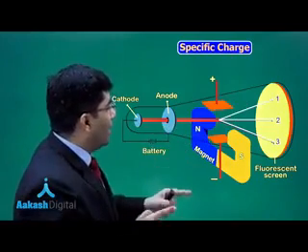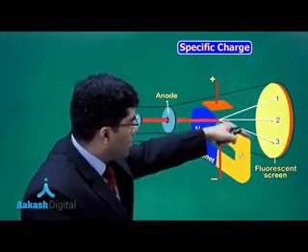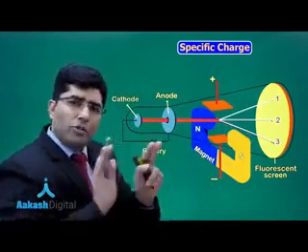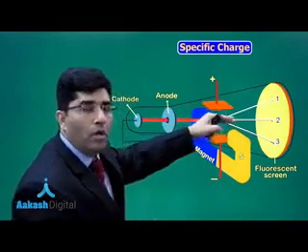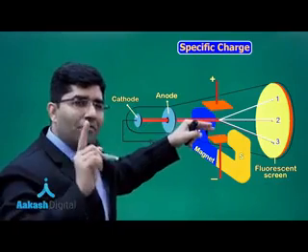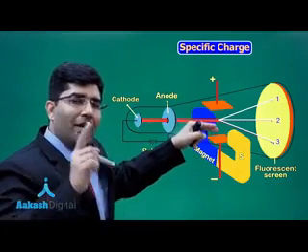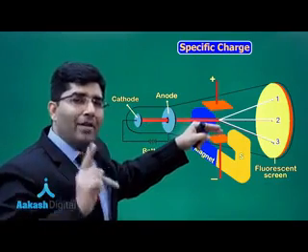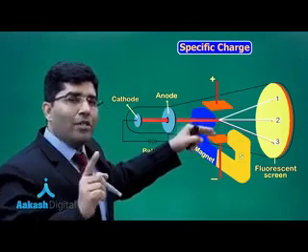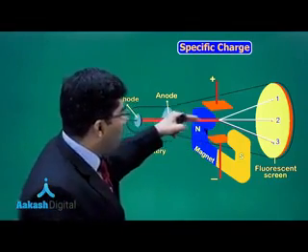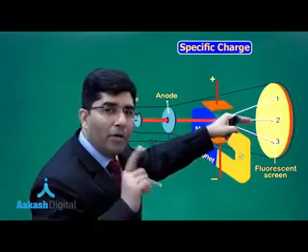If there is a magnetic field, it will move towards point number 3. And if there is no field, it will move towards point number 2. And if we adjust the electric field and the magnetic field in such a way that their forces are equal, then also the cathode ray will go towards point number 2.